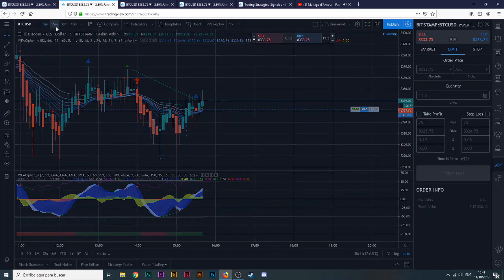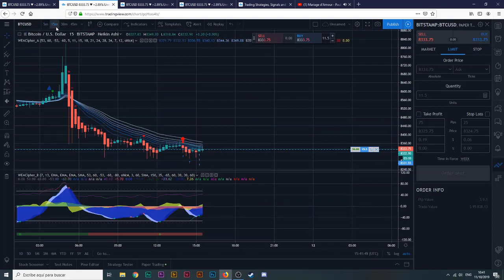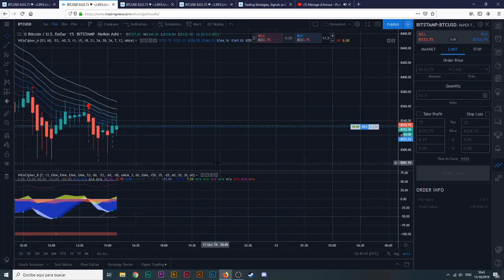Look at the 15-minute. Our blue wave has yet to move up into positive territory, this blue wave here. So we have time. The market could just fluctuate for a while.